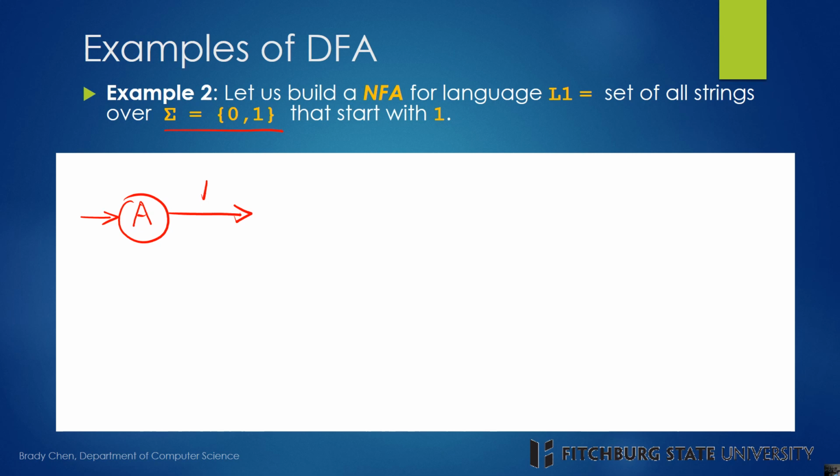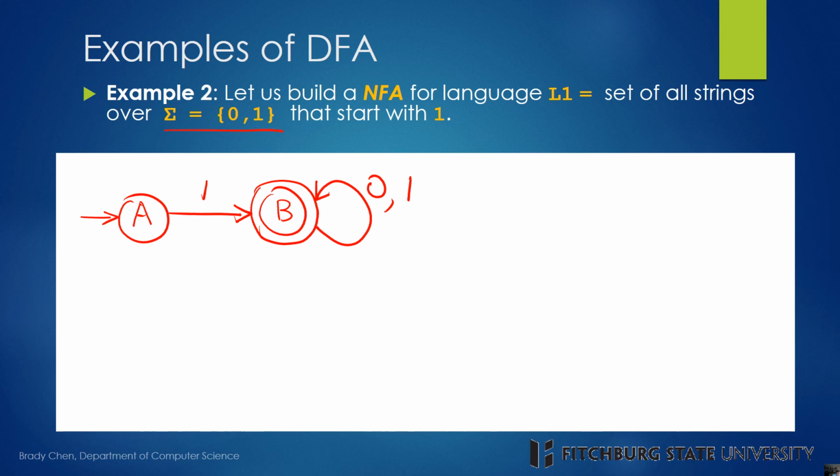Because it already started with 1. So very simple. Start with 1. Afterwards, it doesn't matter what the value of the follow-up string is, 0 or 1. It's always going to stay in the accepting state.